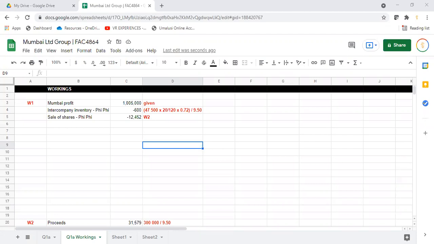So just be aware of that. In the second paragraph under New Delhi, there was an inventory sale, but New Delhi was selling to Mumbai. So the profit is included in New Delhi's profit or loss, and when we come there we will make the necessary adjustments. There's no impact on Mumbai's profit.